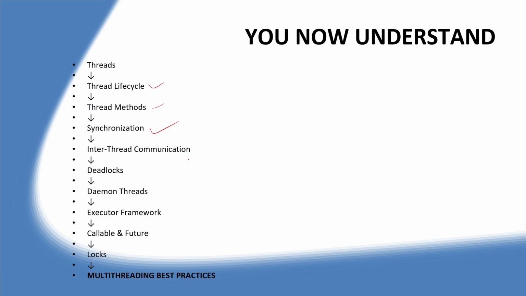We explored inter-thread communication using wait, notify, and notifyAll. We understood deadlocks and how careful lock design can prevent them. Then we moved into daemon threads, the executor framework, Callable and Future, and explicit locking with Lock and ReentrantLock. And finally, we brought everything together with the best practices that help us design safer concurrent applications.